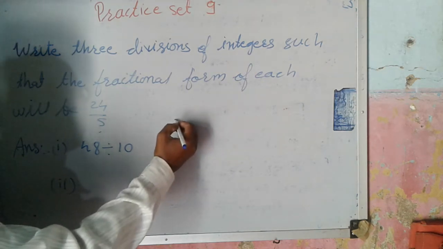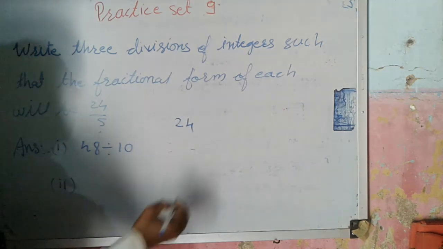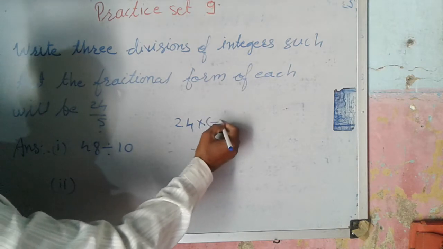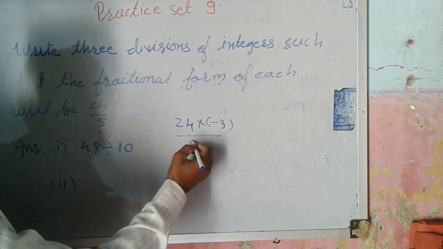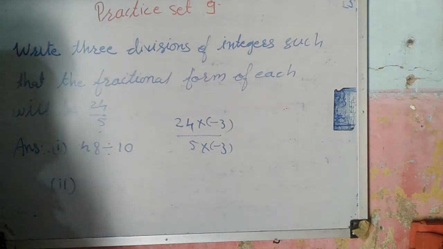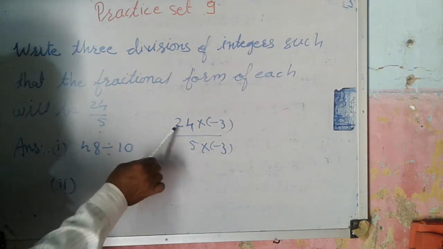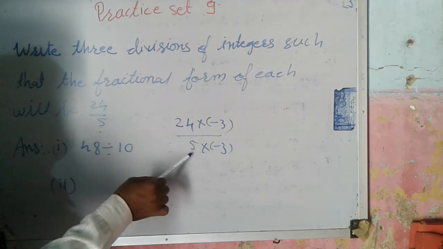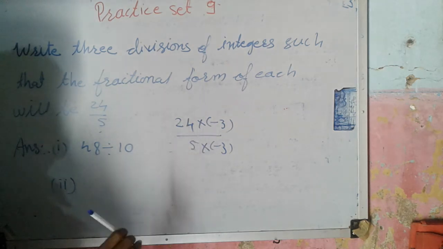Now see here. Multiply denominator and numerator by minus 3.